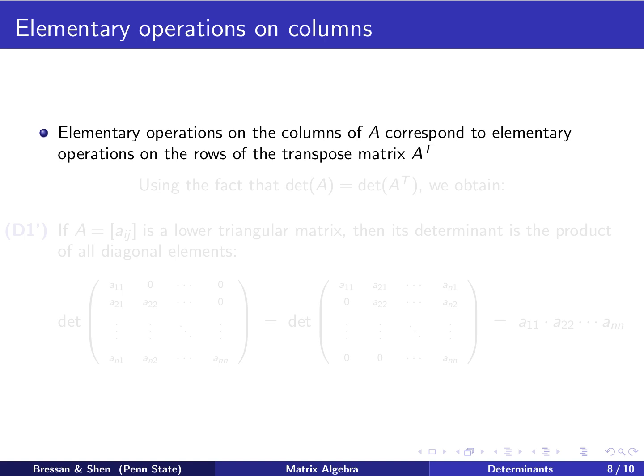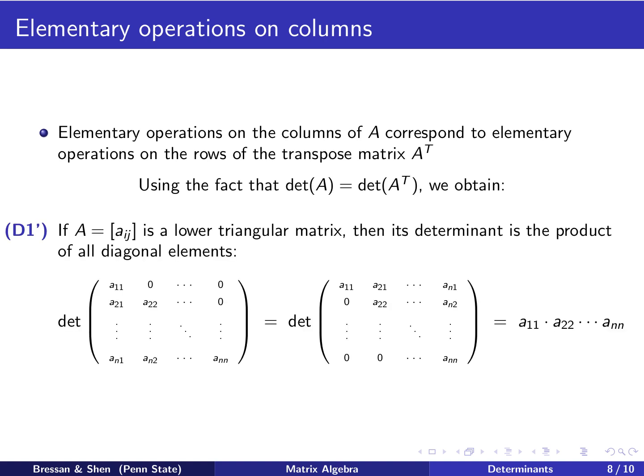So far, we presented all these properties in terms of operations on the rows of the A matrix. What about operations on the columns, you might ask? Well, that can be easily handled by making the observation that the operations on the columns of A correspond to the operations on the rows of the transpose matrix A transpose.